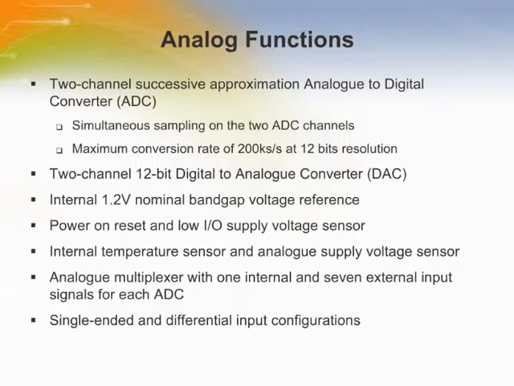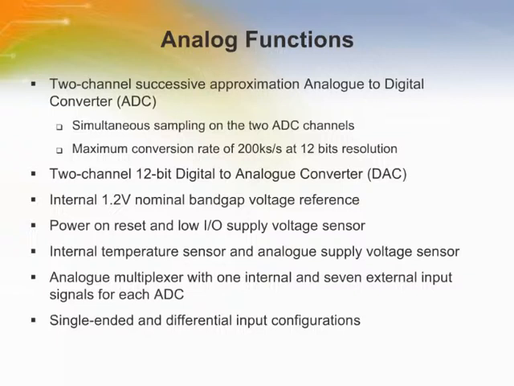The eCOG1X includes a flexible analog control interface peripheral providing analog inputs and outputs. Both channels of the ADC are identical, except for the 2 internal analog signals which are connected separately, one to each ADC channel multiplexer.